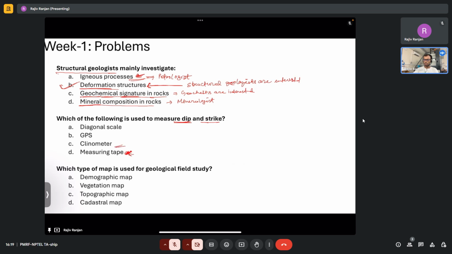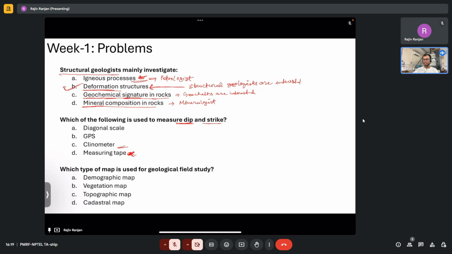Clinometer is something we learned about. You must have seen in the lectures that a clinometer is used to measure dip, because it has all the necessary equipment.